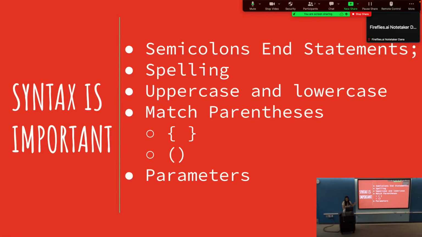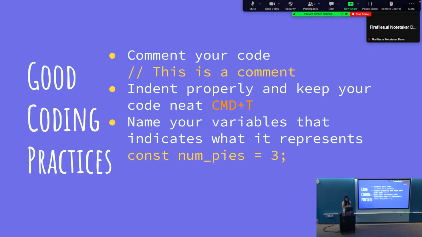I was about to say, if you have never coded before, know that there are a couple of warnings. Syntax is going to be important: how you spell something, how you write something, how you match parentheses. Some more good coding practices, for those of you familiar with coding, are to comment your code.